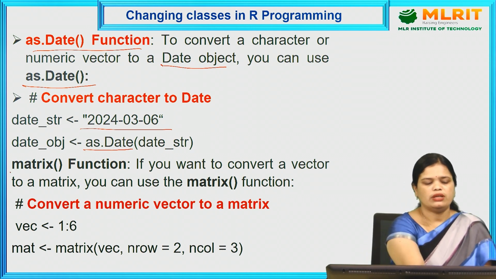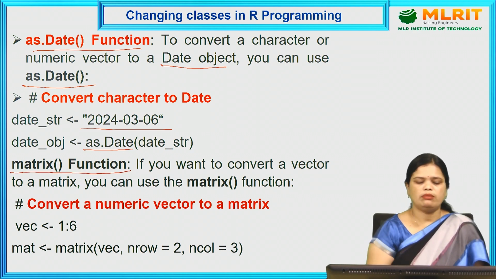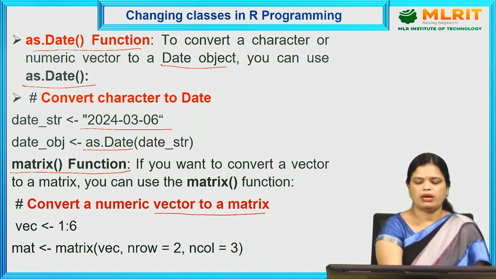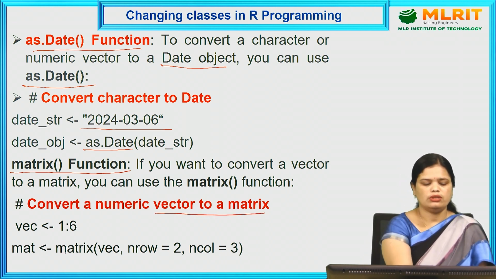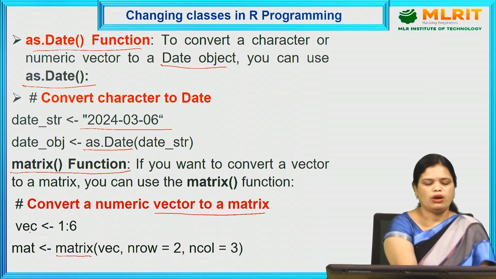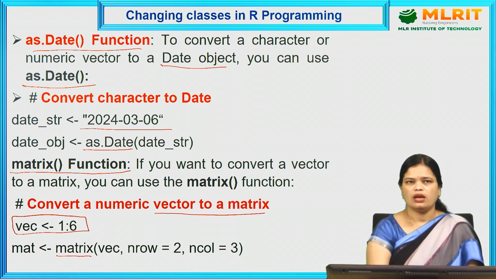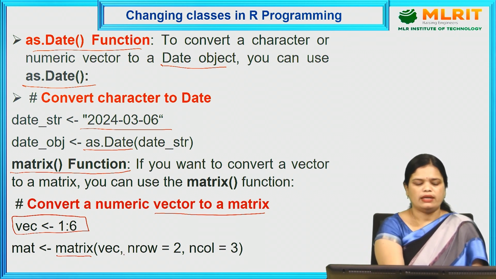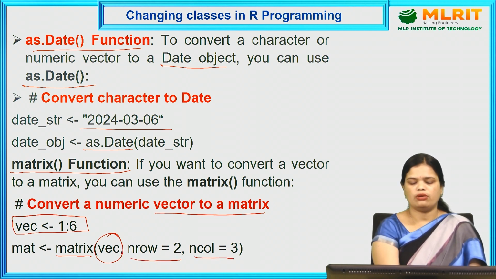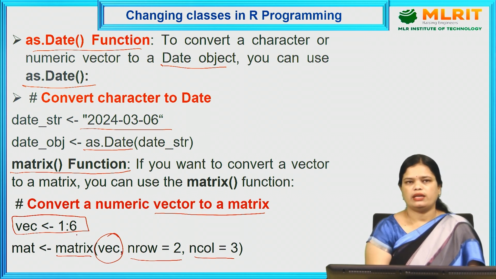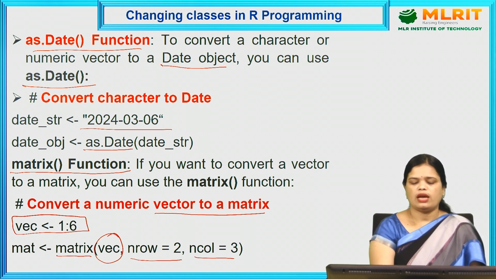And next, you have the matrix function. When you want to convert a vector into a matrix, you have to use the matrix function. You have a vector here with the values from 1 to 6. When you use matrix and specify the vector, with nrow equal to 2 and ncol equal to 3, these 1 to 6 values will be arranged as 2 rows and 3 columns.